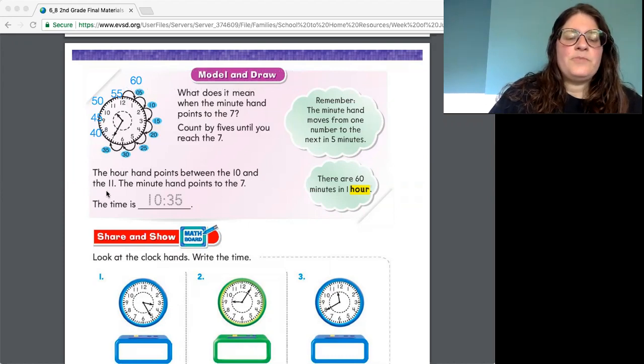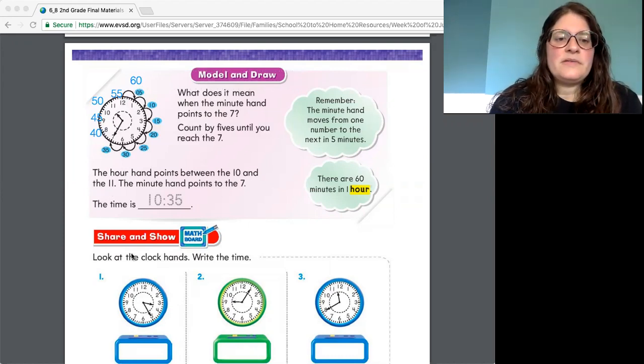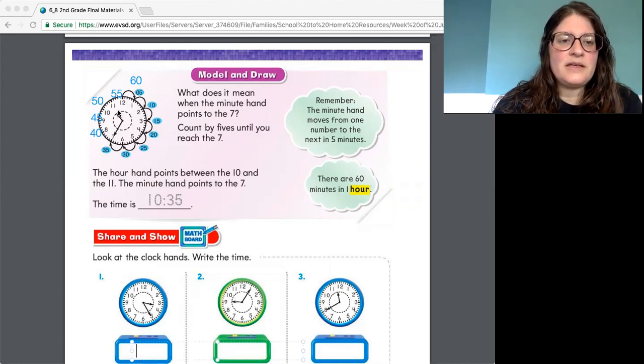So when we are telling the time, like here, we know that the time is told by the shorthand, and you pick the number that's smaller because it's not the next hour yet. It's still this hour. So this is 10, and then 5, 10, 15, 20, 25, 30, 35. It's 10:35.